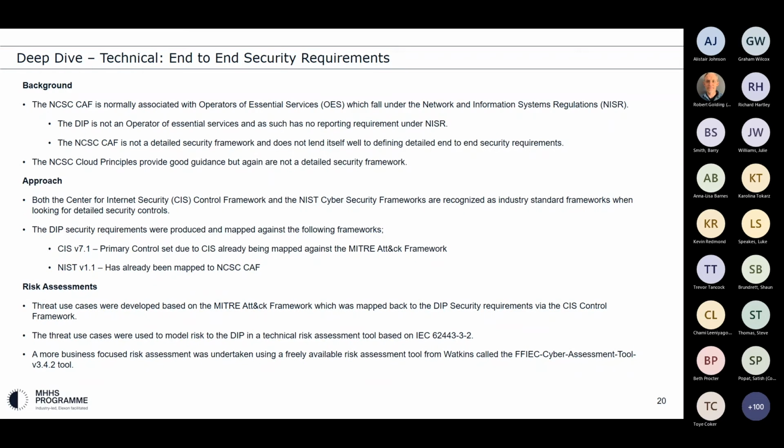And the reason for that was CIS has a very good mapping of all the security controls into the MITRE ATT&CK framework. And the MITRE ATT&CK framework is what's used for the risk assessments against the security controls for the DIP. The mapping into NIST was really to get to the NCSC CAF mappings.